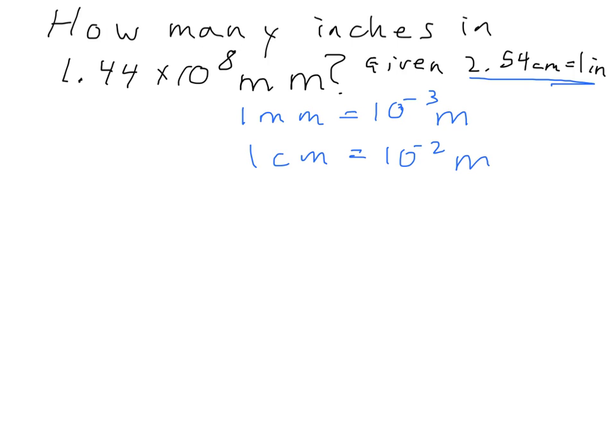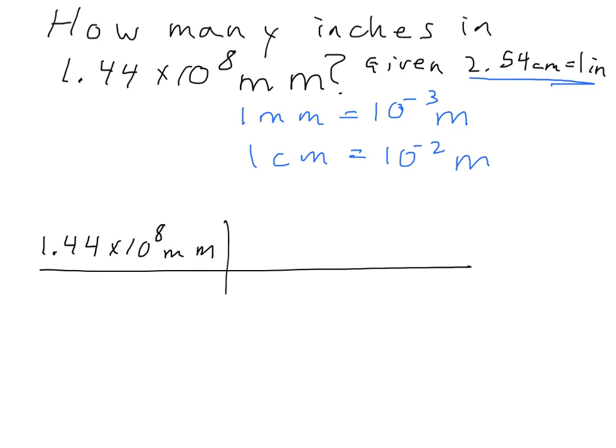So let's start our line with the only number given to us in the problem. 1.44 times 10 to the 8th millimeters. Place millimeters where they'll cancel out. What do I know about millimeters?